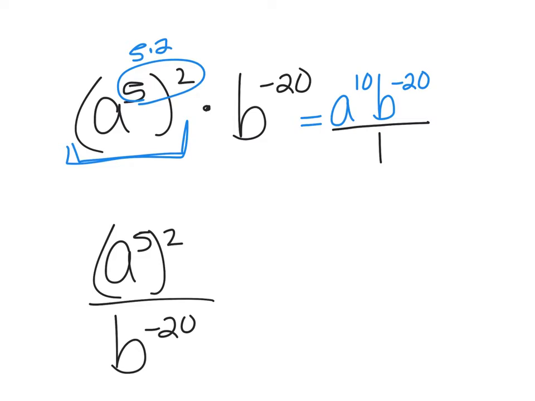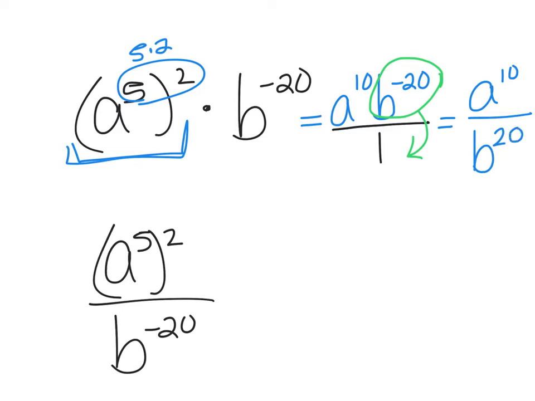That's not what we want to have happen here. We are only going to move down what has the negative exponent, which in this case is the b. That's the only thing that's going to come down to the bottom. So a to the 10th is happy and positive up top. It's going to stay happy and positive up top. B is very negative up top, so it needs to be moved down to the bottom to make it positive.